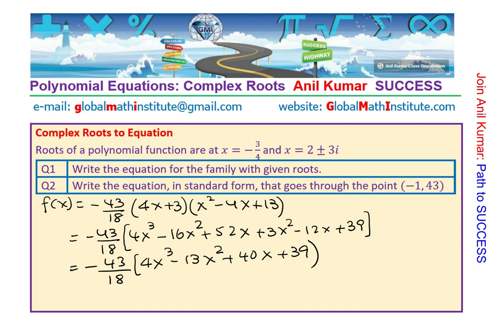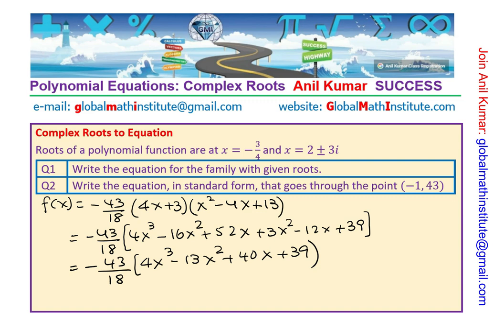Now, you can always use a calculator to multiply minus 43 over 18 with each and every term and get the equation in standard form, correct? I'll leave it here. Perfect, but you need to multiply each term by minus 43 over 18 and get your result. I hope that makes sense.